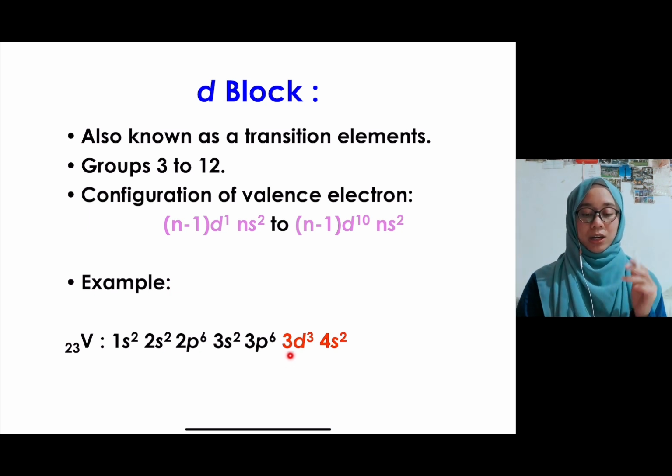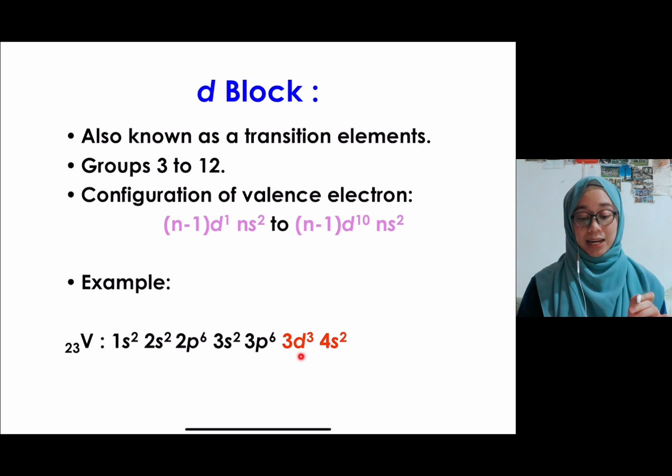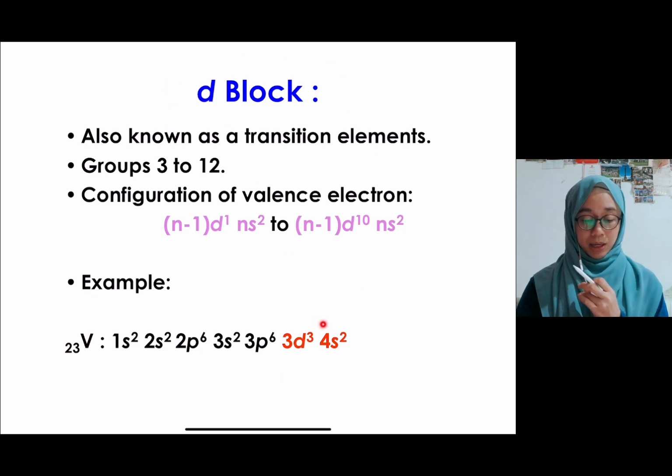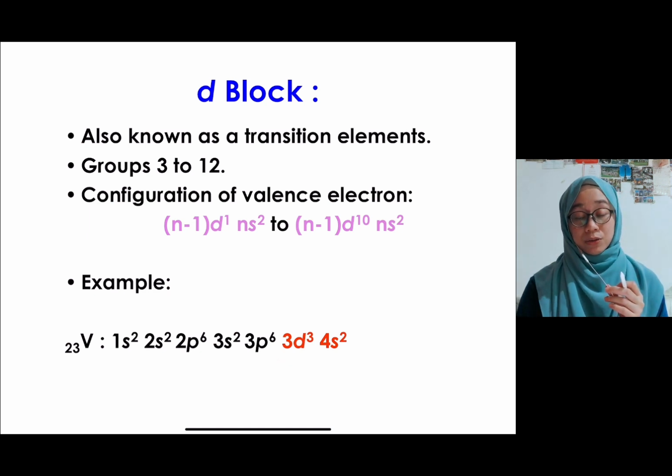Okay, so why is it considered as d block? Because the very last electron we fill is in the d orbital. That is why vanadium is considered as an element in the d block. But don't forget, somehow the energy changes. So we just rearrange how we write the electronic configuration: 3d3 first and then 4s2.